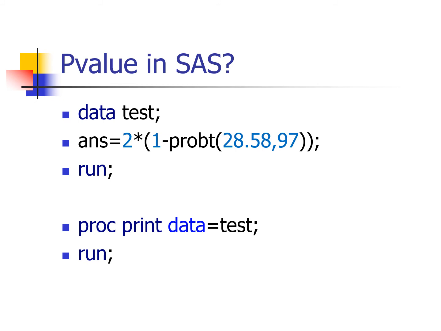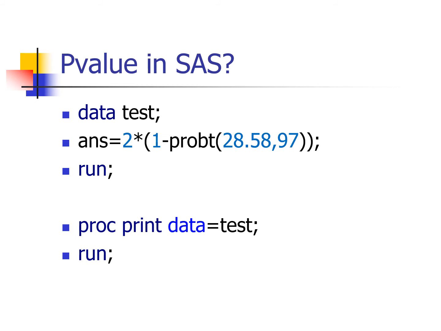Whatever number you plug in as the first input, the probt function is going to give you the area to the left of it. So probt by itself is saying what's the probability a t distribution is less than 28. But for our p-value, we actually want the probability a t distribution is more than 28. And so that's why we do the 1 minus.